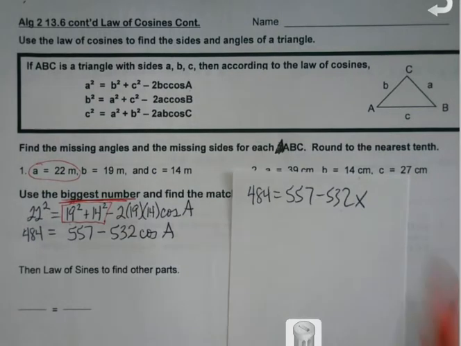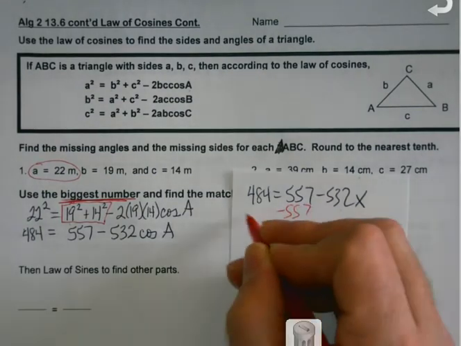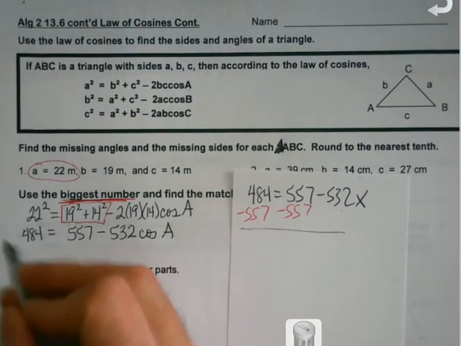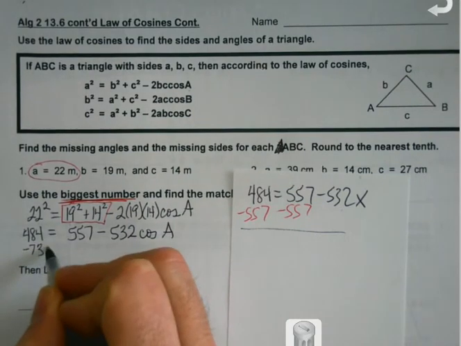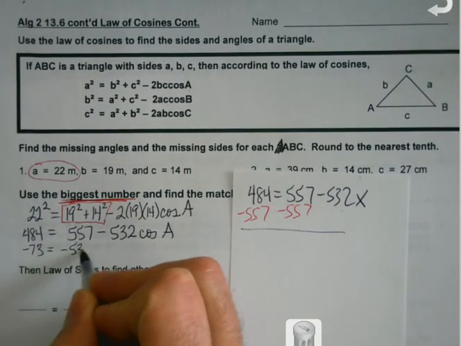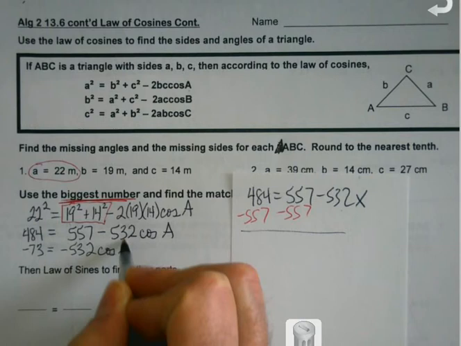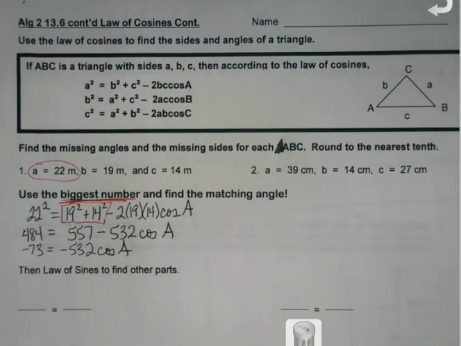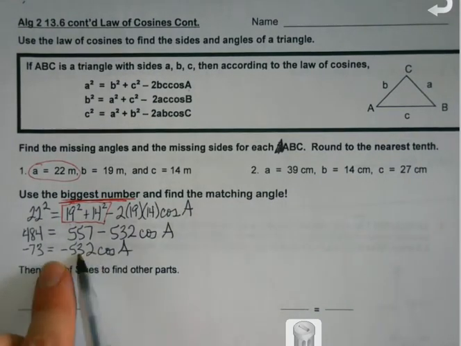So my next job is going to be to get the 557 out of there. I need to isolate my cosine term. So when I subtract that over, which I'm going to do right here, I'll get that over there, and now, just like I would if I were solving an equation, I'm going to divide by negative 532, because that's what I'm multiplying the cosine of A by.